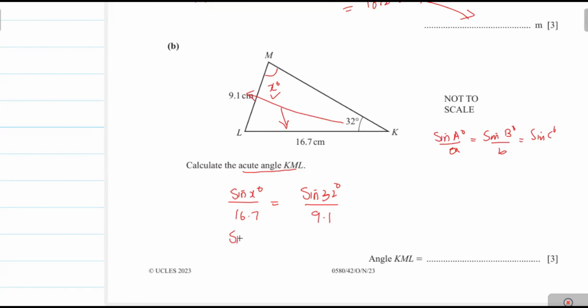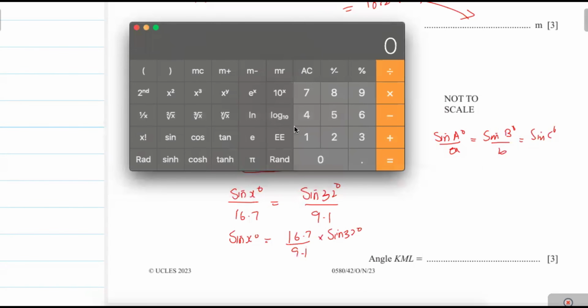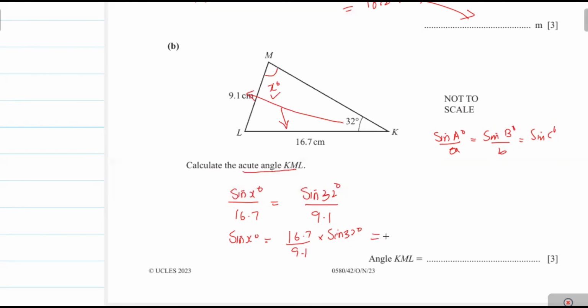Now we can write sin x degrees will be equal to 16.7 over 9.1 multiplied by sin 32, and we calculate it: 16.7 multiplied by sin 32 divided by 9.1, that's equal to 0.972.